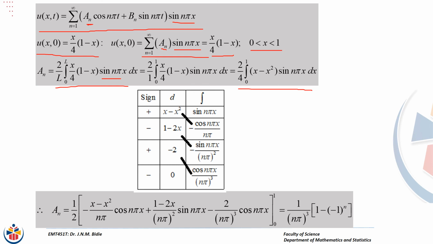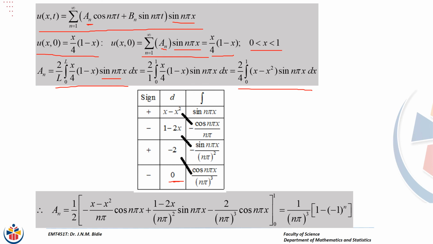Remember, you take the simplest function to be the one that you differentiate, and the complex one to be the one that you integrate, so that when you do your differentiation of that first term, it must give you a 0 at the end. Also remember the signs. It's the plus sign first, minus sign second, plus sign. So you're alternating the signs.